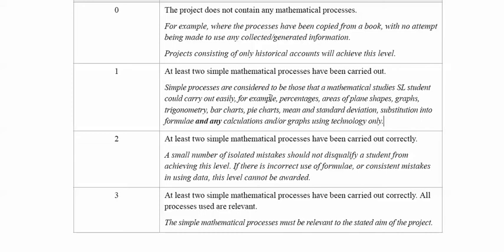So simple processes are considered to be those that are things along the lines of percentages, working out area, graphs, bar charts, pie charts, calculating the mean, standard deviation, substitution into a formula, any calculations with graph or using technology, right? Okay, those are classed as simple.